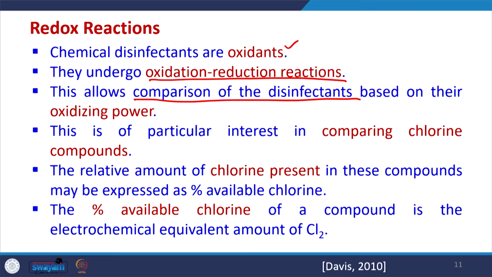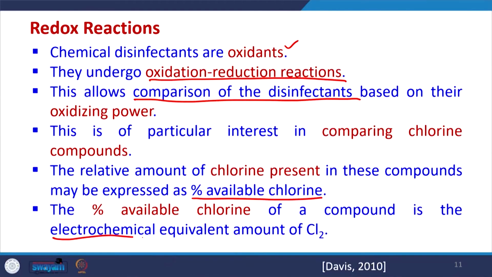Now, the relative amount of chlorine present in these compounds may be expressed as percent available chlorine. For any of the chlorine compounds we can find out the relative amount of chlorine element and then calculate. The percent available chlorine of a compound is the electrochemical equivalent of Cl2. This is important.